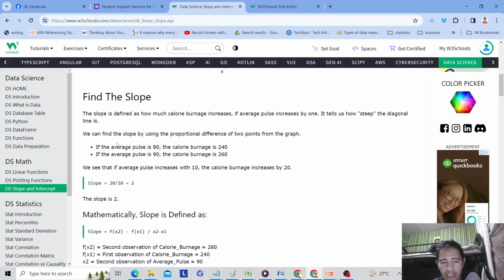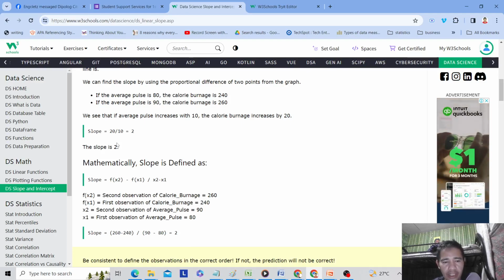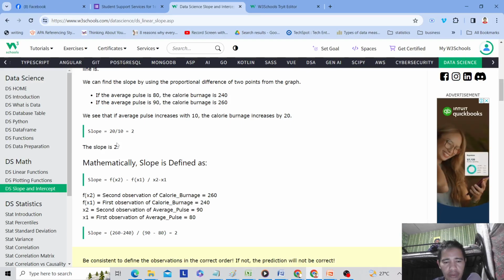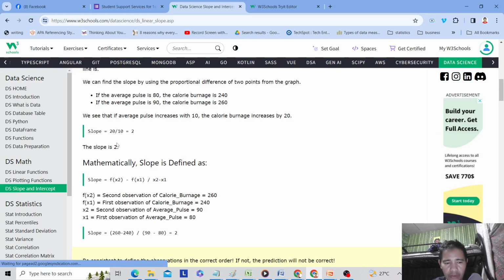Mathematically, slope is defined as f(x2) minus f(x1) divided by x2 minus x1. So f(x2) is the second observation of calorie burnage, which is 260, and f(x1) is the first observation of calorie burnage, which is 240. x2 is the second observation of average pulse, which is 90, and the first observation of average pulse equals 80.